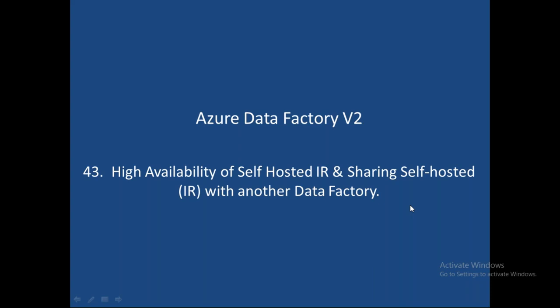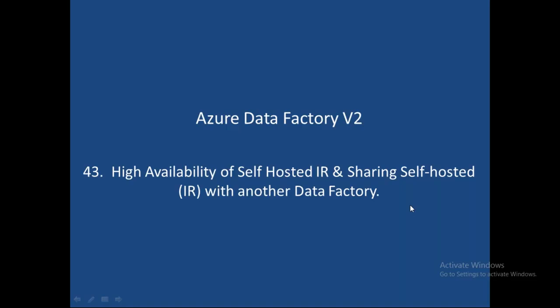Share means you take the self-hosted IR which you have created in US data factory, and the same IR, I'm going to use it from the UK Azure data factory. How can you do that? For that, you need to share the self-hosted IR from US data factory to UK data factory.